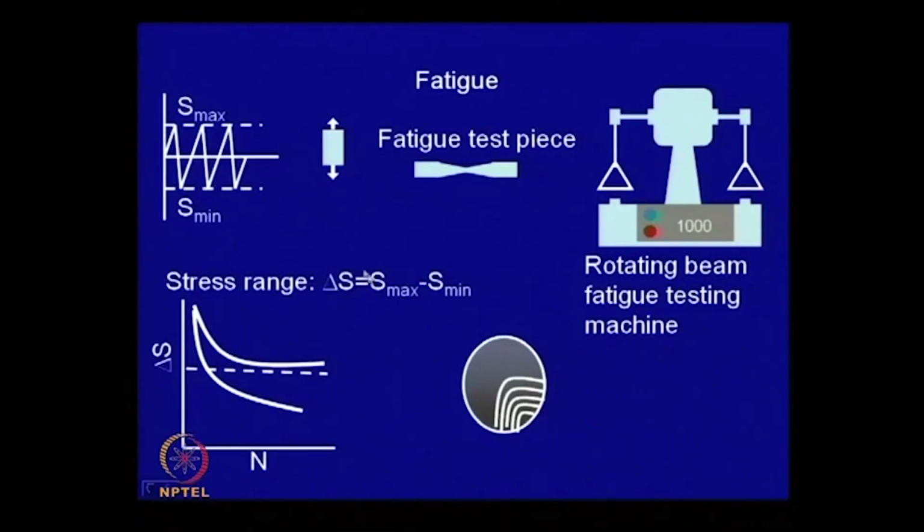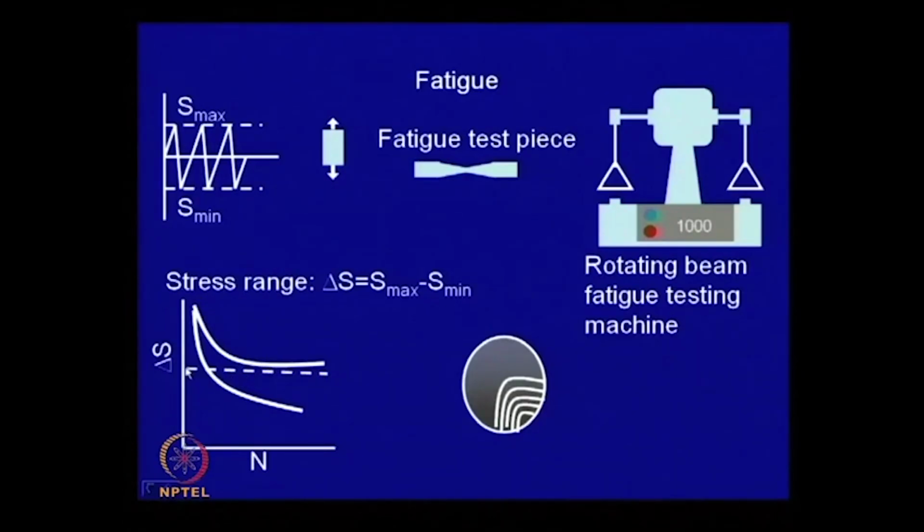If this test is done at different stress ranges, and then you plot the number of cycles it withstands on the x axis, and on the y axis you plot the stress range, then you get a plot like this. If it is a BCC metal, say like steel, you get a plot like this.